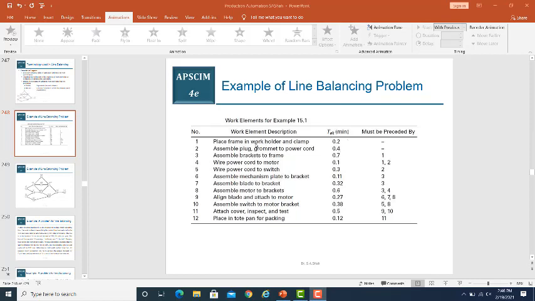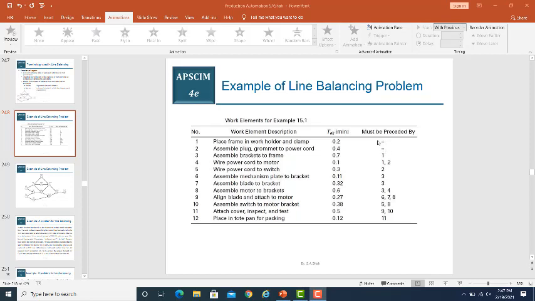TEK is basically the operation times. So if you look at the first operation, its total processing time is 0.2 minutes, and so on. Similarly, if you look at the fourth column, it gives you the list of predecessors for each operation. For example, operation number 1 and operation number 2 have no predecessor.